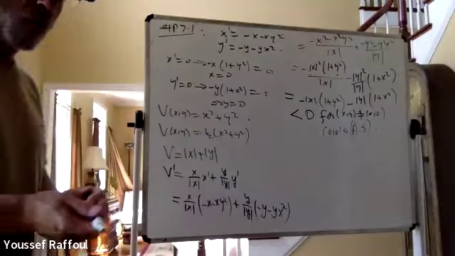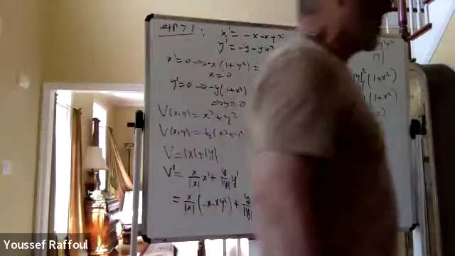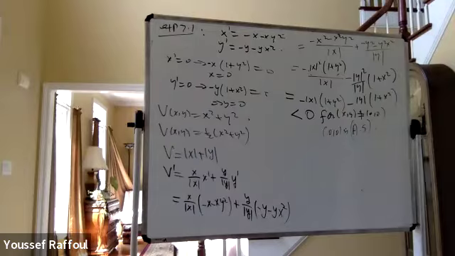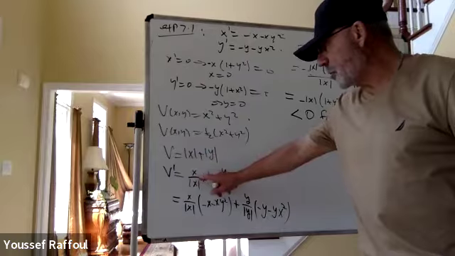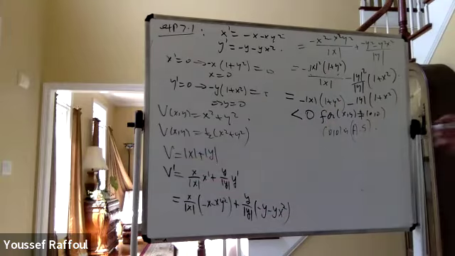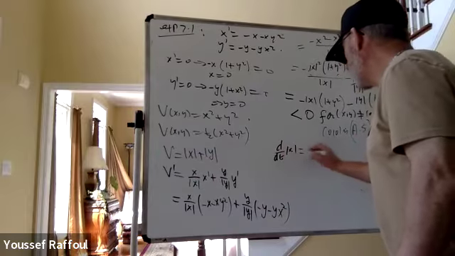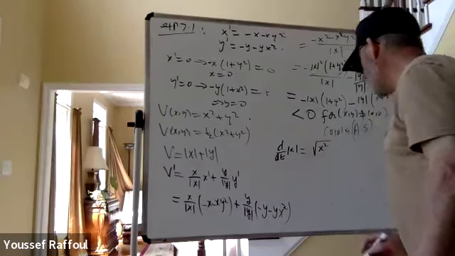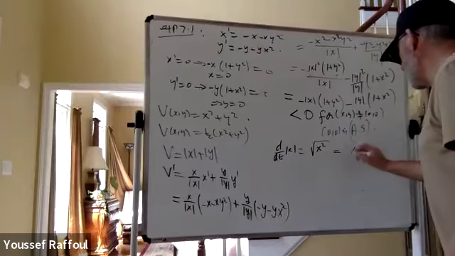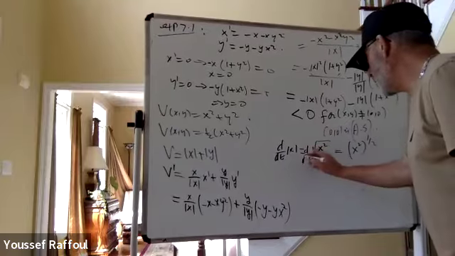You see, there is not one unique Lyapunov function. As I said at the beginning of the lecture, the stability is as good as your Lyapunov function is. And I did not discuss with you how you take the derivative of the absolute value, but this is what it is. How do you take the derivative of the absolute value? The absolute value of x equals the square root of x squared, that is (x squared) to the 1/2, d/dt.